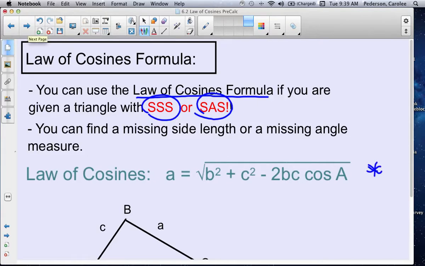There's multiple ways to write this formula. Sometimes they solve it for the angle measure. Sometimes they have an a squared on the left without the radical. Multiple ways to rewrite it.